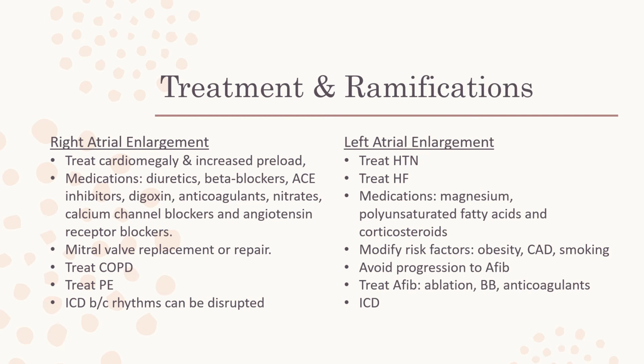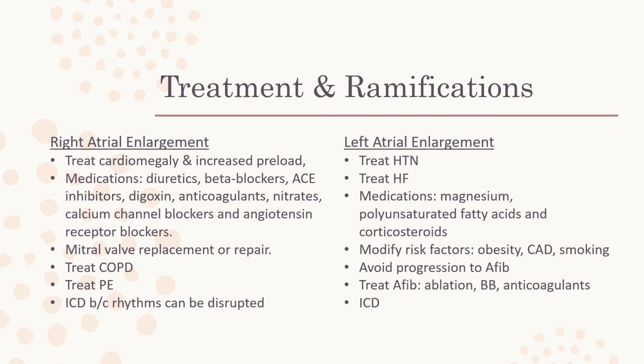So you can see other things here, of course, medications. And what are these medications used for? Primarily for heart failure. Controlling blood pressure would be a good place to start with left atrial enlargement, and of course all of our modifiable risk factors. If it's because of atrial fibrillation, may consider ablation and treatment for that.